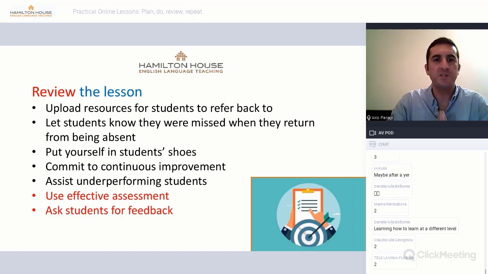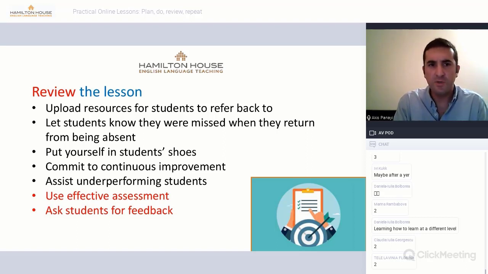Assist underperforming students, like in the physical classroom. I'm sure you do that already. And the last 2 points which are highlighted on our screen are use effective assessment to check if your lesson was effective and to review it, and ask students for feedback.